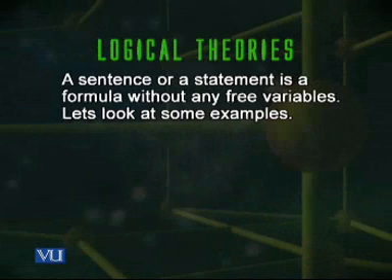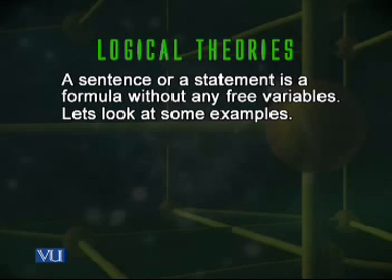However, we will skip the proof that every formula can be converted into an equivalent formula in prenex normal form and take that theorem at face value. So all the formulas that we will talk about from now on would always be in prenex normal form. This means all the quantifiers appear before, and then you have the formula. A sentence or a statement is going to be a formula which has no free variables.